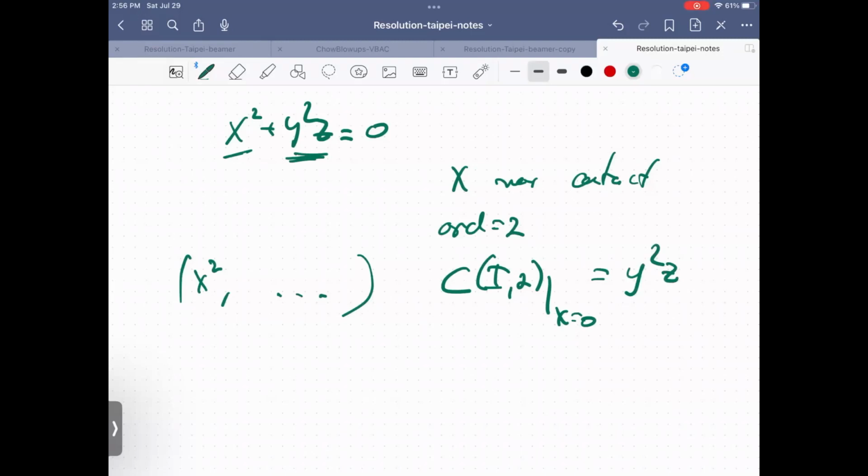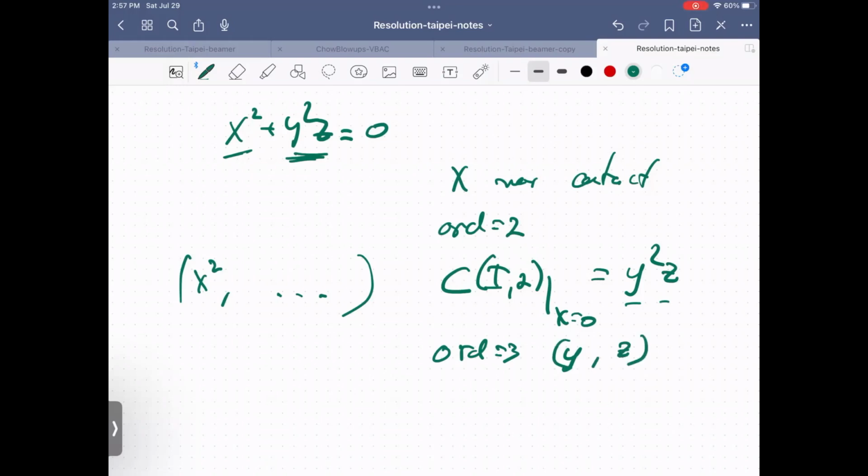We have two maximal contacts here, y in degree 3 and z in degree 3. So y order is 3. And because they appear at the same degree, I might as well take them both at the same time.